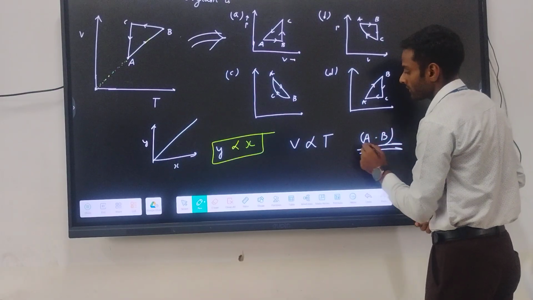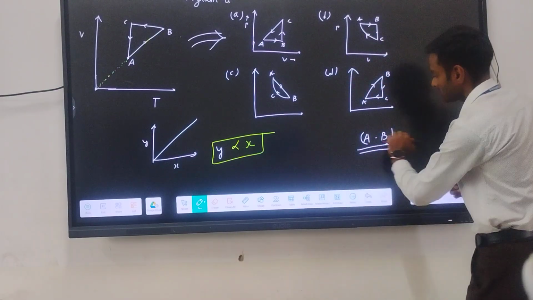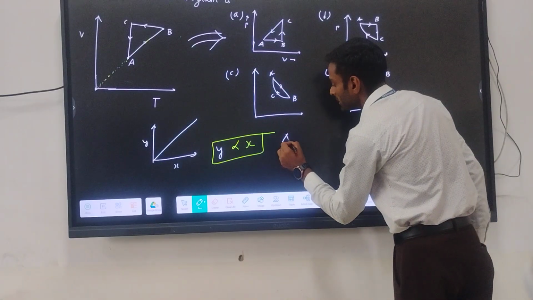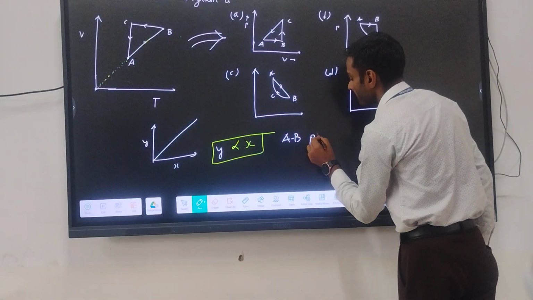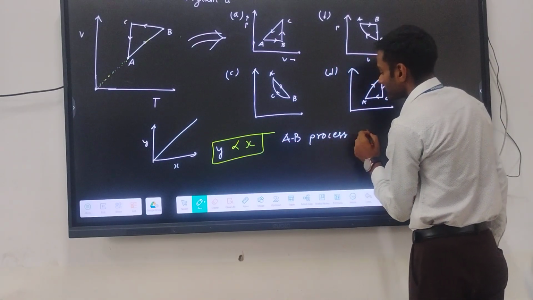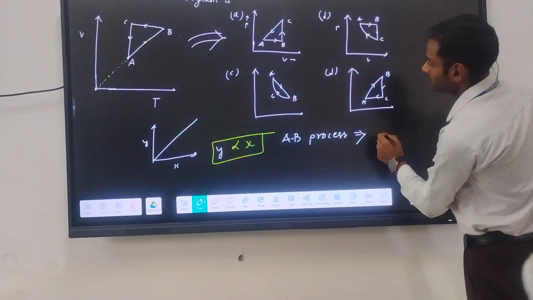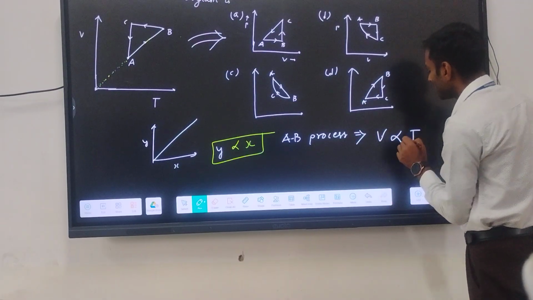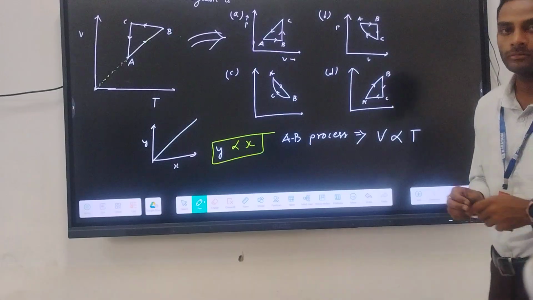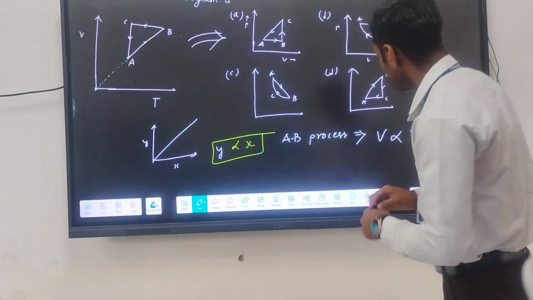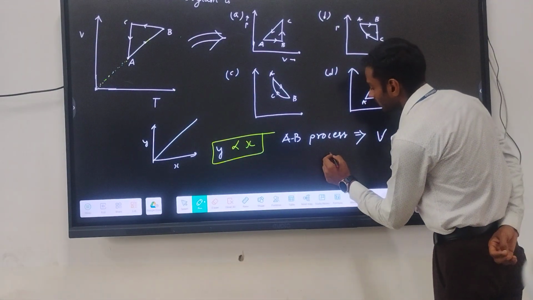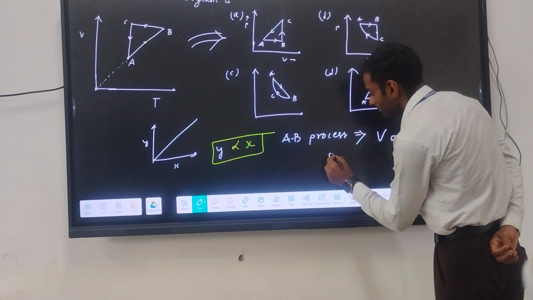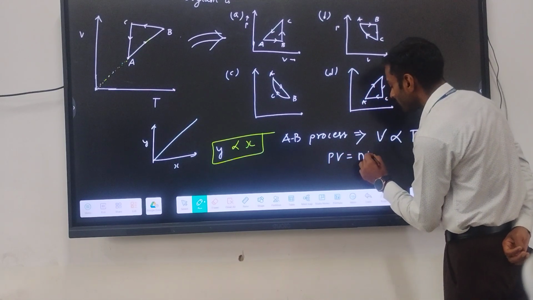This A to B process is V directly proportional to T. When is it possible? If you write the ideal gas equation, PV is equal to nRT.